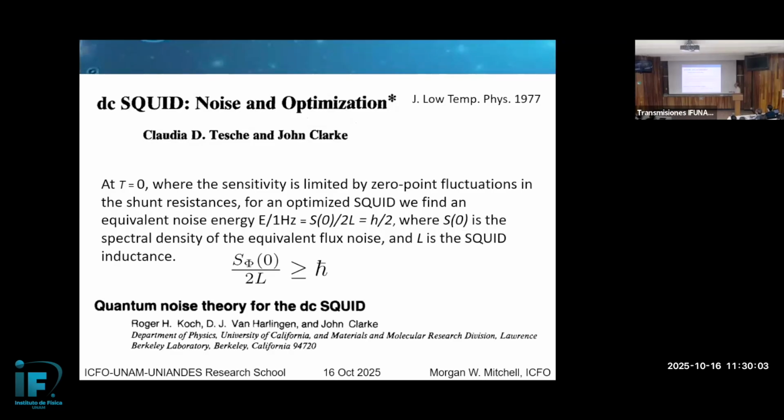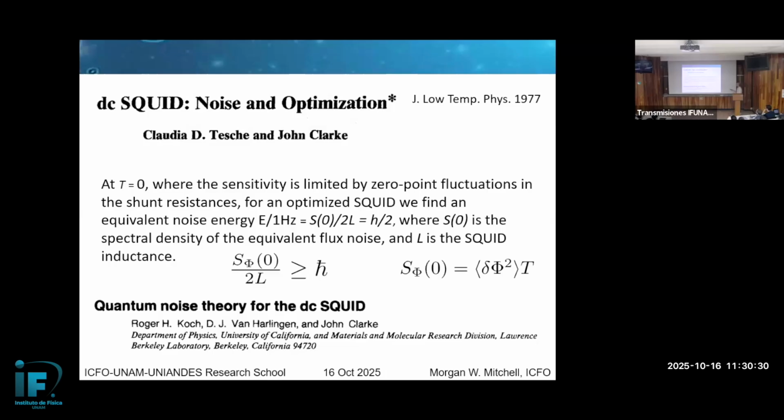And then in 1980, they revised this, and they said, no, actually the pi is not there because the quantum noise is of a different sort than they thought. But in any case, they get a result like this, which says that the noise in measuring the flux is related just to the inductance of the SQUID and h bar, which is a fundamental constant.